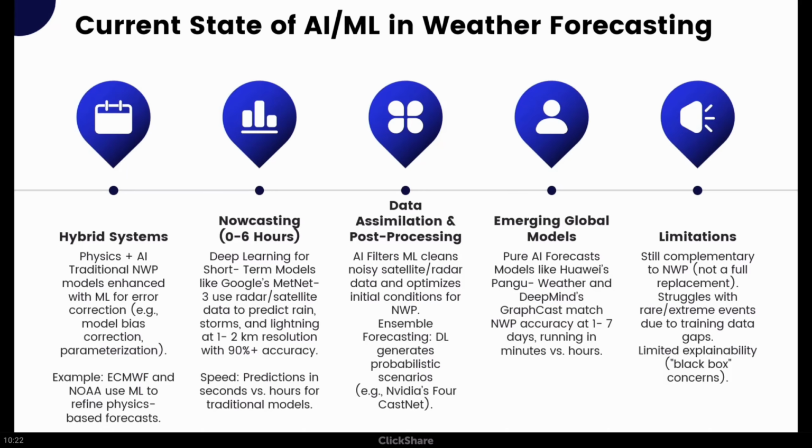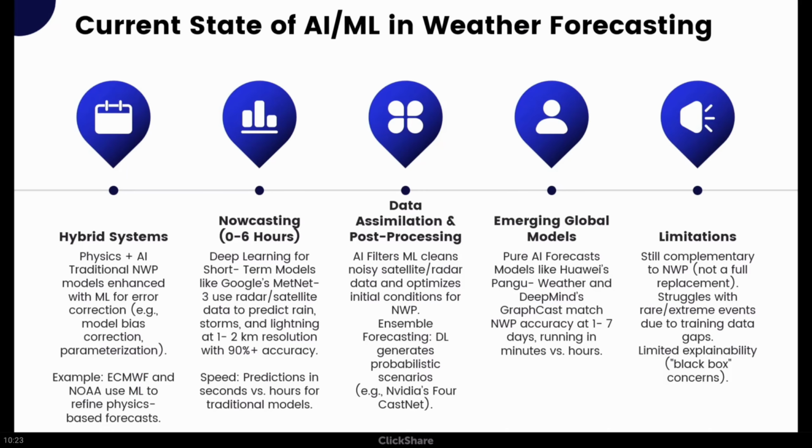AI ML nowadays can act as a global model also, like Pangu Weather or GraphCast. You probably know there is a model called GraphCast, which actually matches the NWP accuracy at 1 to 7 days. And the running cost for these models is minutes, not even hours. So within a minute you will get a 7 day forecast. That's how AI is helping nowadays. But obviously there will be limitations, where it is still complementary to traditional NWP. It cannot be a full replacement of traditional NWP.